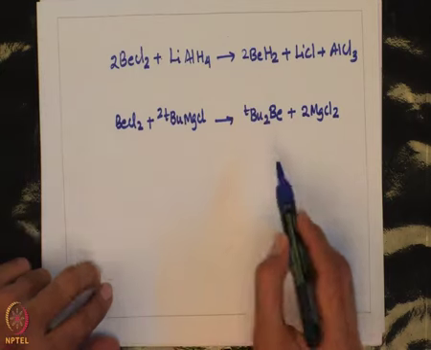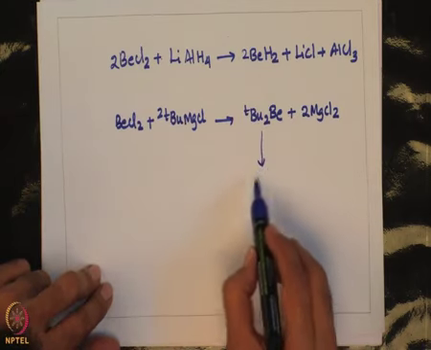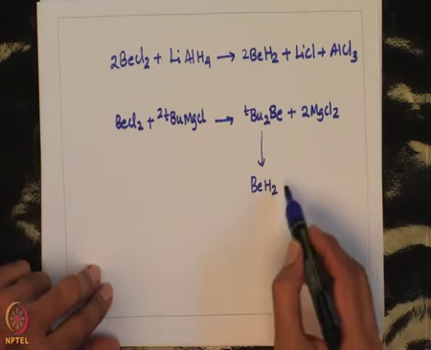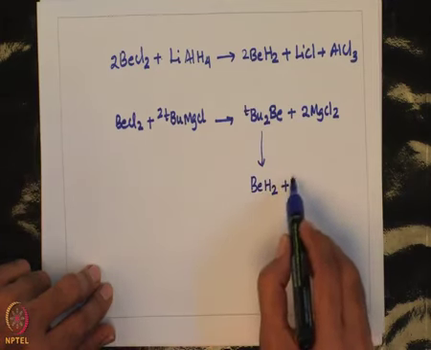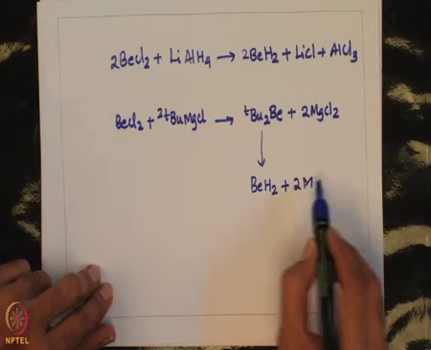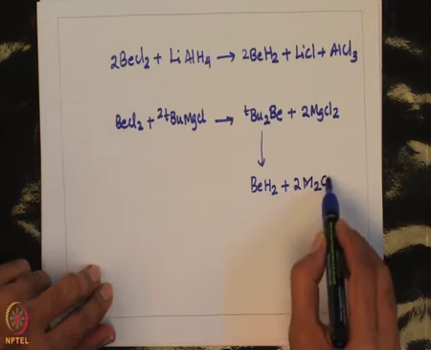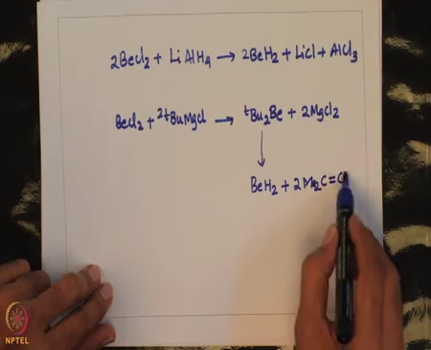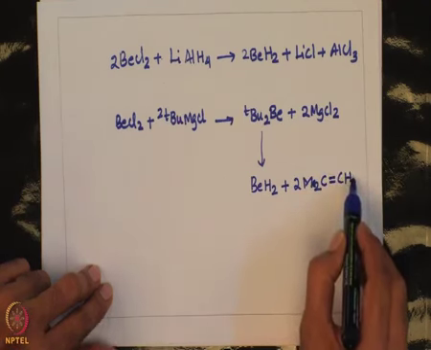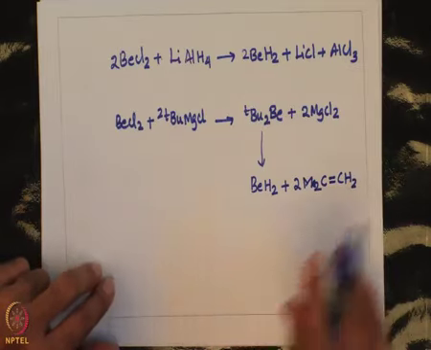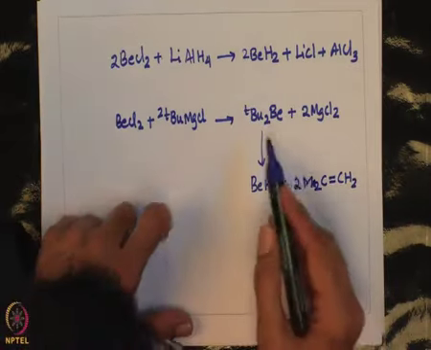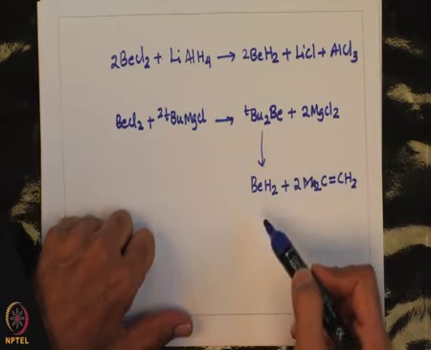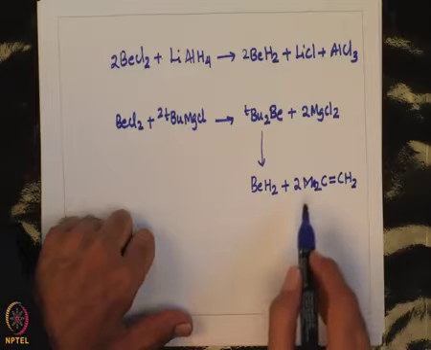Ditertiary butyl beryllium on heating forms beryllium hydride plus two equivalents of propene. So, you may be wondering how ditertiary butyl beryllium compound gives beryllium hydride plus two equivalents of propene.